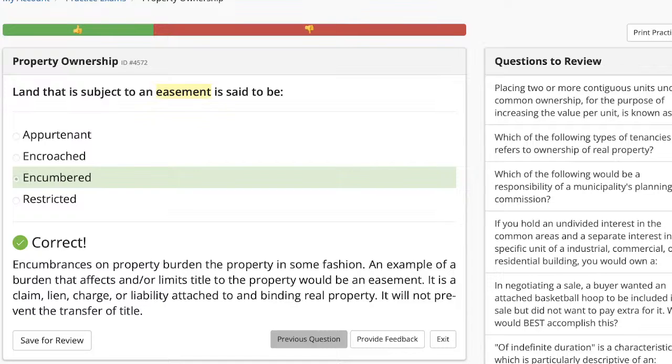Who could tell me what is an easement in gross? What's an easement in gross? What do you guys think?